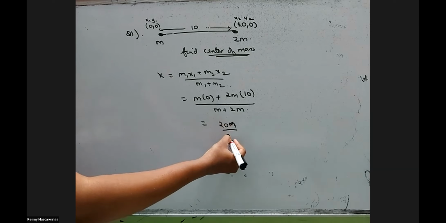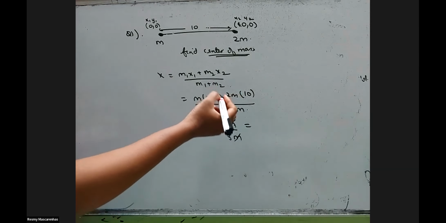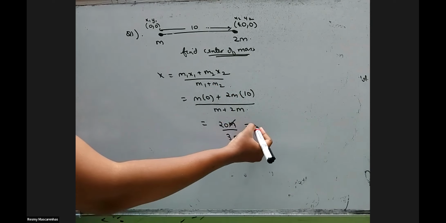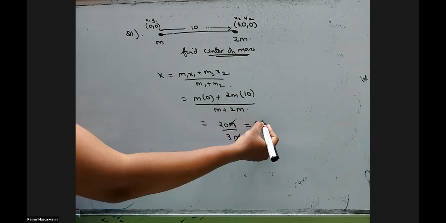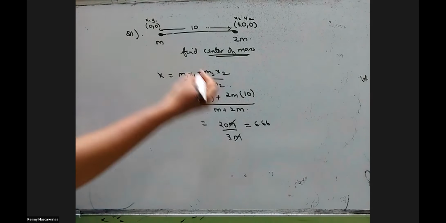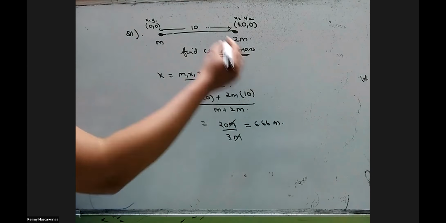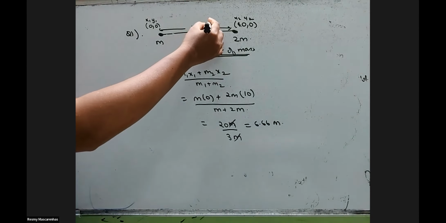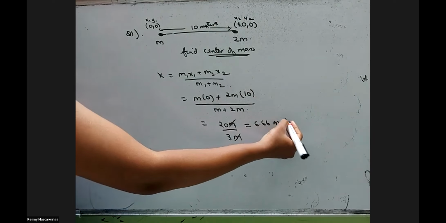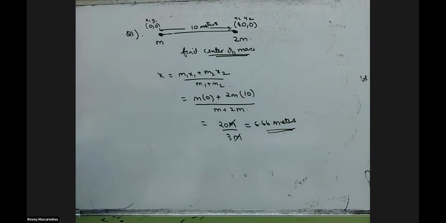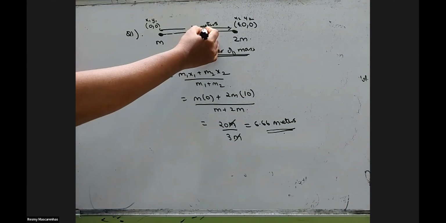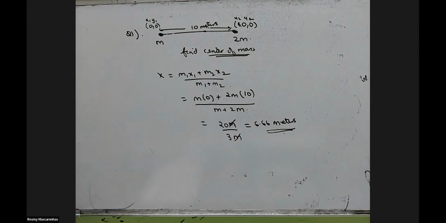Twenty m upon 3m, 20 by 3. Okay, so this will be 6.66. The center of mass is at 6.66 meters, if this was meters. At 6.66 meters, maybe here. X is nothing but the distance from the origin.